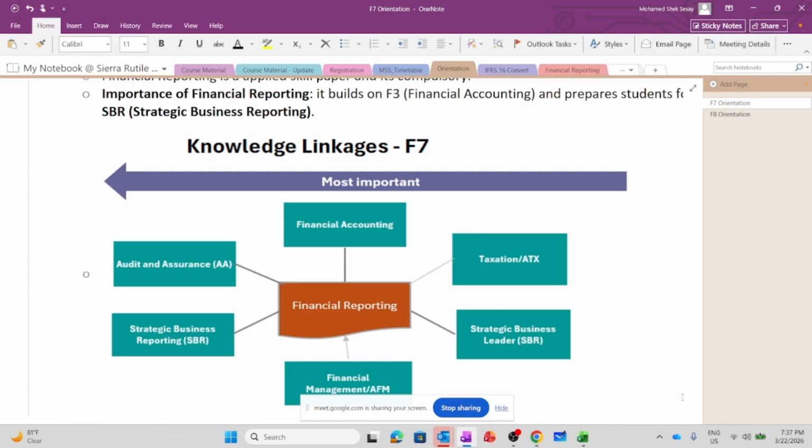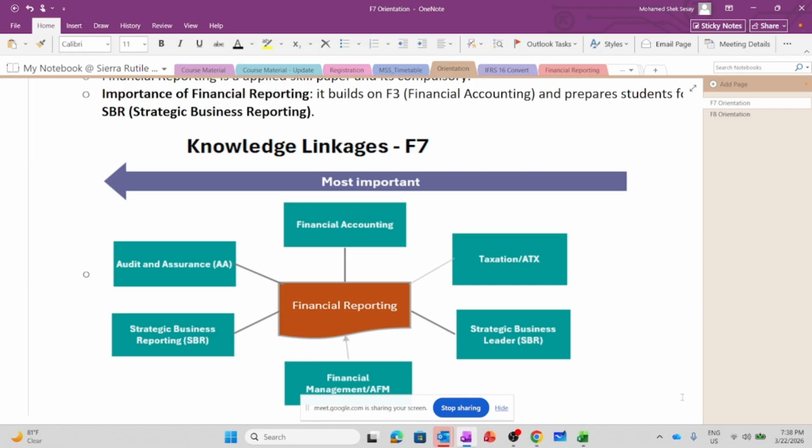You need to know your IASs and your IFRSs, because when we adjust the accounting profit for tax purposes, you need to know your statement of profit or loss and how to adjust your depreciation and your non-tax items. So the understanding of financial reporting will help you understand your taxation as well.